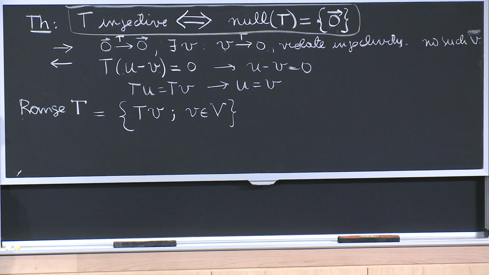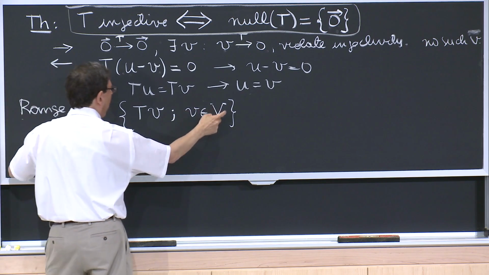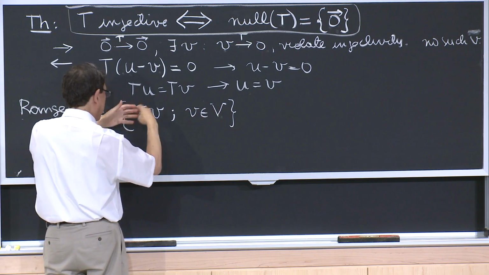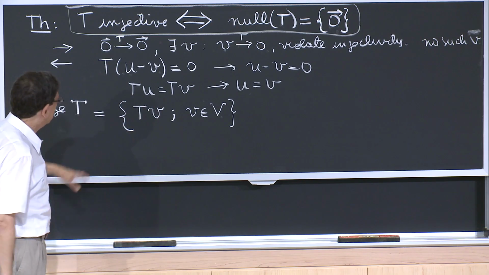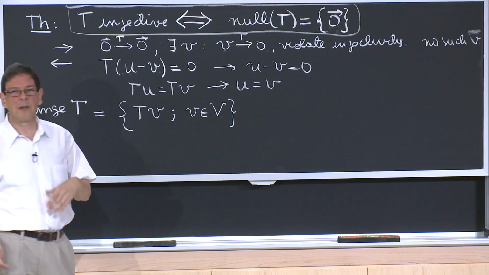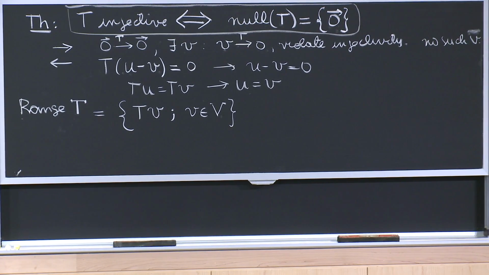You try acting with the operator T on all vectors in the vector space. Well, you get some number of vectors because it sends you back to the space, and that's called the range, the vectors that you get by action on the vector space.